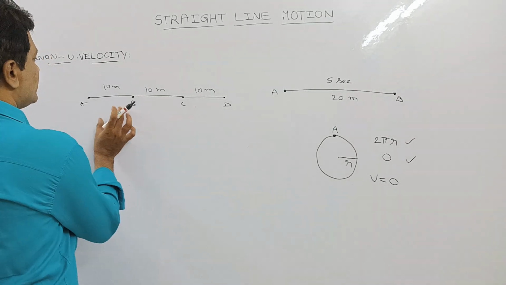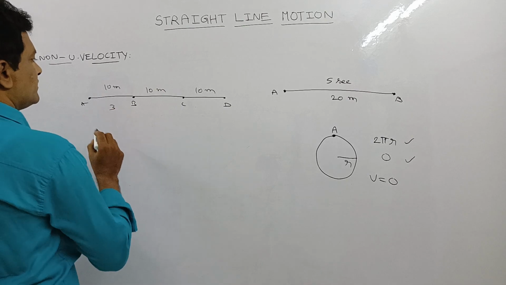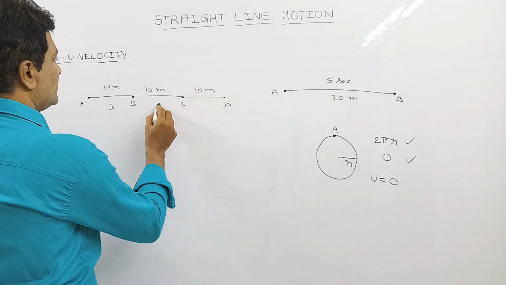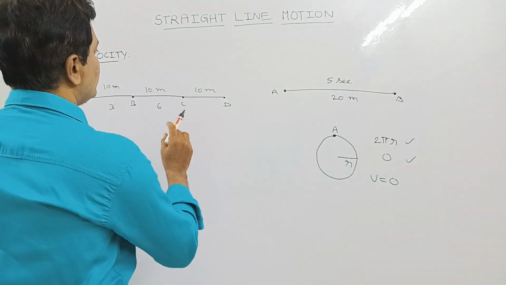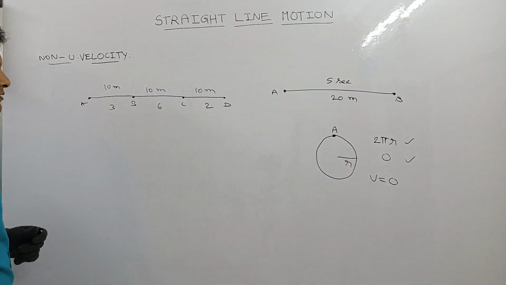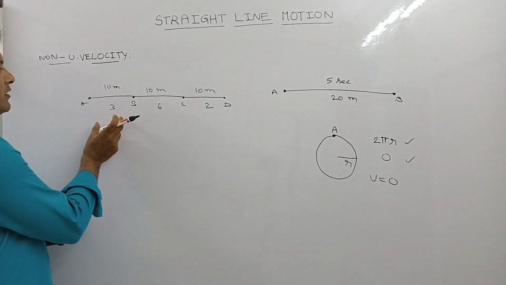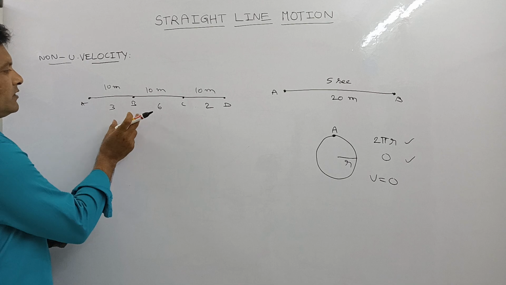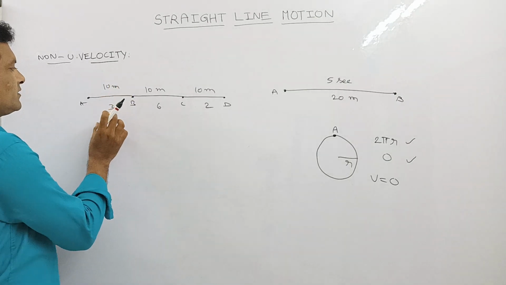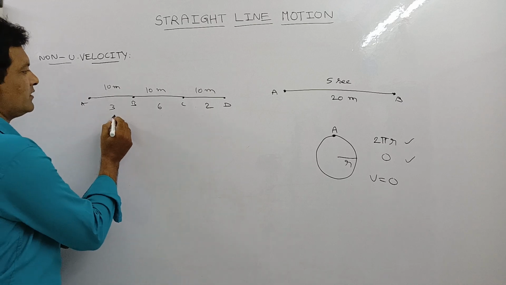Unequal means this distance, suppose, is covered in 3 seconds. This is covered again in 6 seconds. And this distance is covered, suppose, in 2 seconds. So in this kind of motion, if you observe, the velocity is changing. The first 10 meters took 3 seconds.